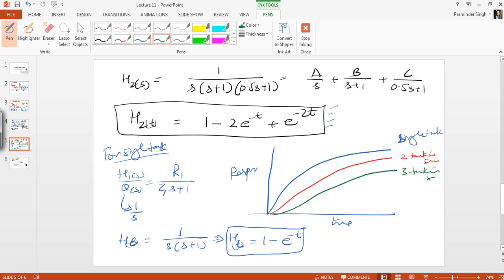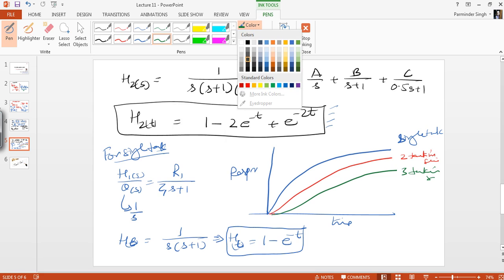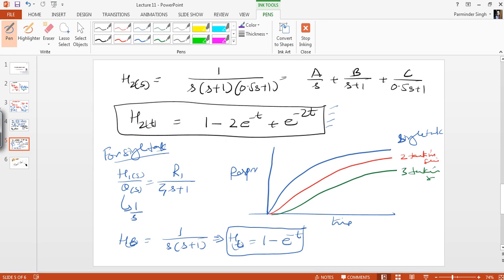And if there is another tank, let me represent it something like this, so 4 tanks in series. So what do you notice? A single tank is quicker than 2 tanks in series, 2 tanks are quicker than 3 tanks, and 3 tanks are quicker than 4 tanks. So obviously if you go on increasing the number of tanks, the system becomes more and more sluggish in nature.